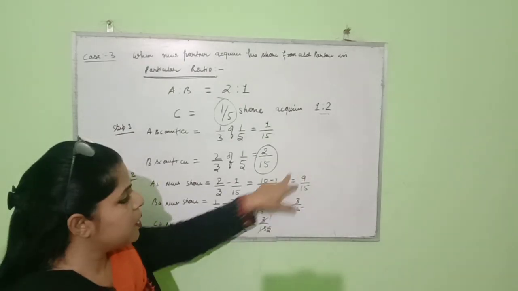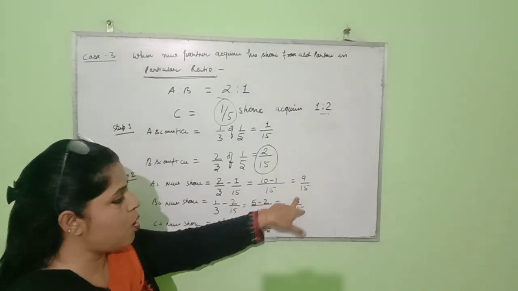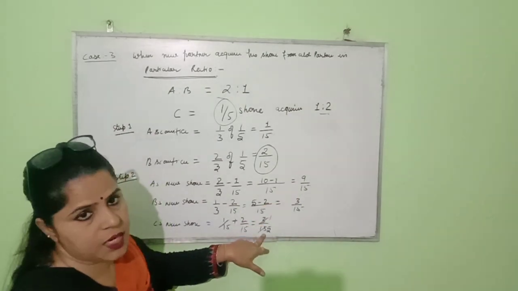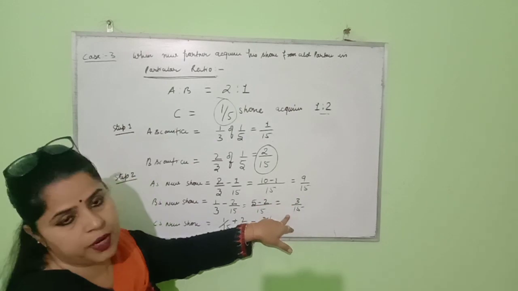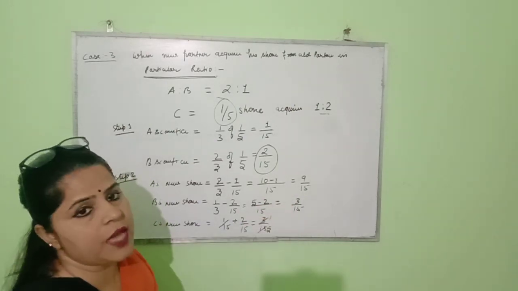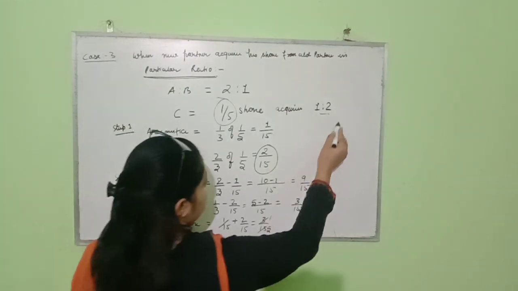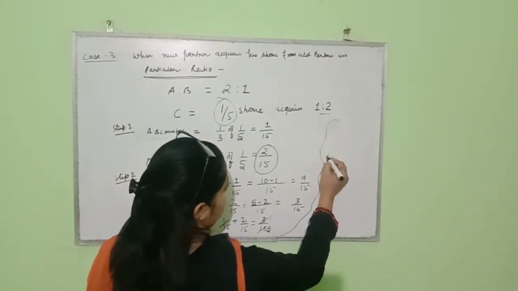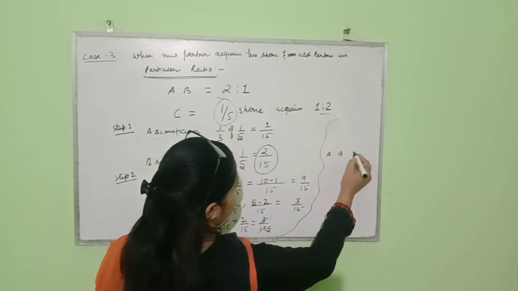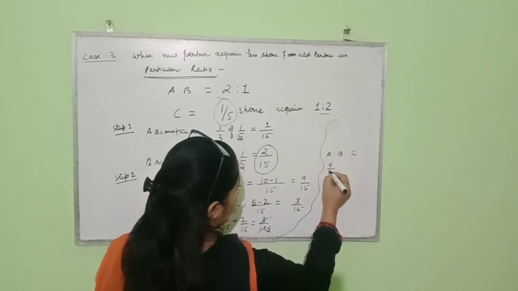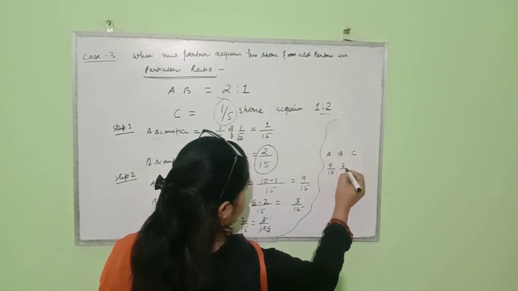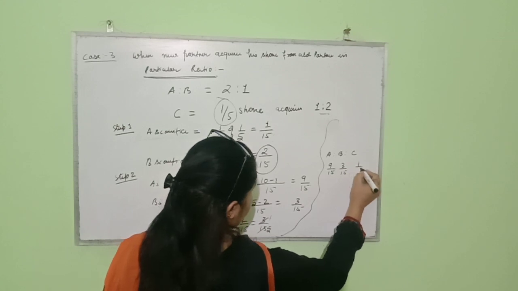Now what is not common here? The denominator is not common. C's denominator is not the same as A's and B's denominators, so what will we do? We'll take the LCM, like we did in the previous case. So A is to B is to C, 9 upon 15, 3 by 15 and 1 by 5.